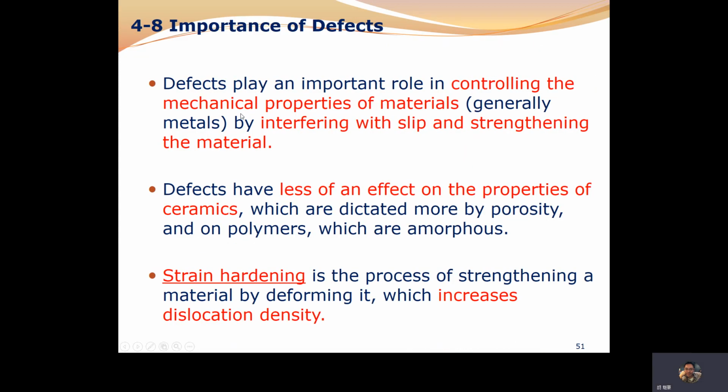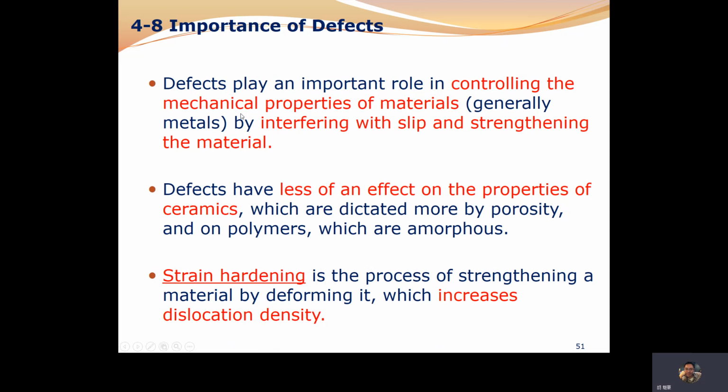Okay, some importance of defects. As we already mentioned previously, defects play an important role in controlling the mechanical properties of materials. Usually in metals, defects strengthen the metal by interfering with slip.